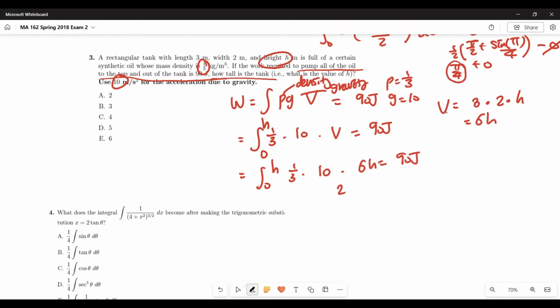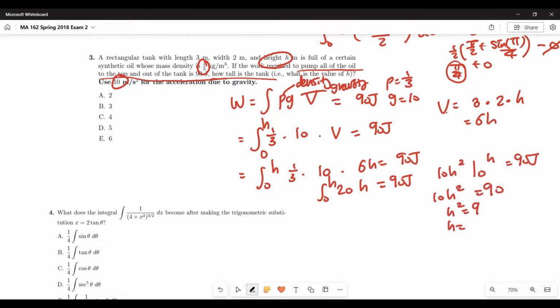So this becomes 20H, right? 0 to H equals 90 joules. 10H squared integrated from 0 to H is equal to 90 joules. So 10H squared is equal to 90. H squared is 9, so H is 3. So the answer for this question is B.